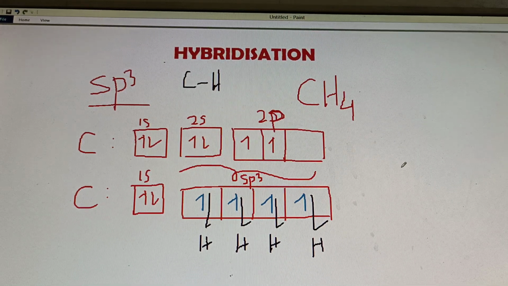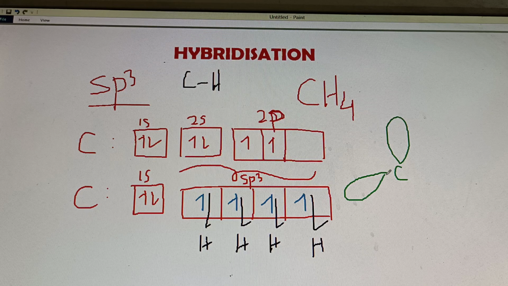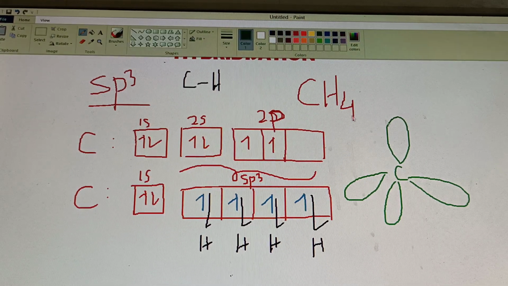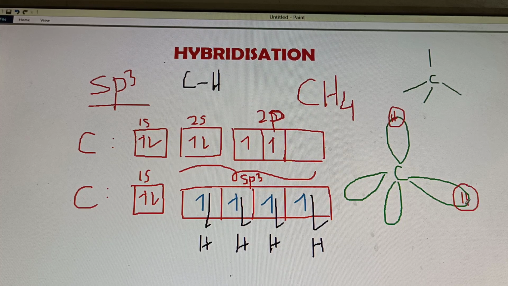This is carbon, and the four orbitals point in a tetrahedral structure. Clear? Now each will combine with the 1s of a hydrogen.